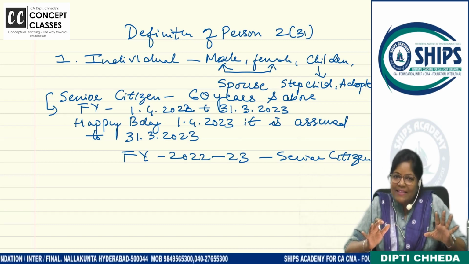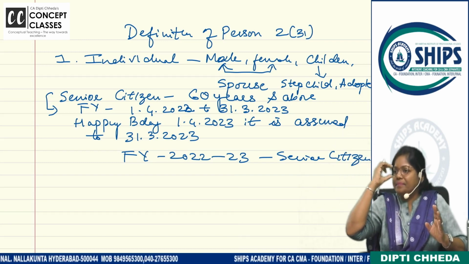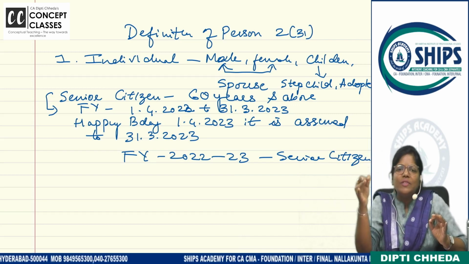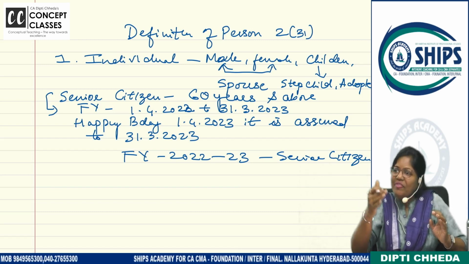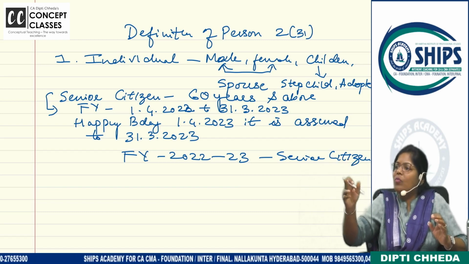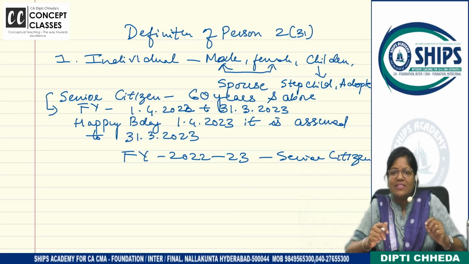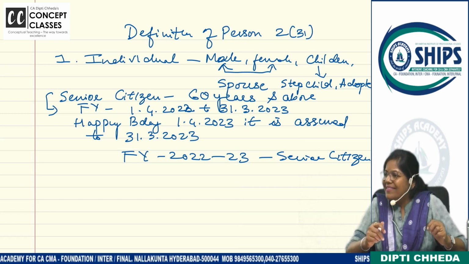Shall I repeat? Financial year for us is 22 to 23. Anyone who is achieving, any individual who is achieving the age of 60 years in financial year 22 to 23, 60 and above, what he is called? Senior citizen. And he will get a lot of deductions, benefits and extended basic exemption and all.